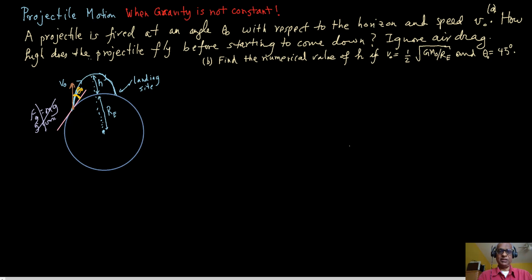You probably already know that this path is part of an ellipse. If this path continued, it would be an ellipse with the center of the Earth at one of the foci.